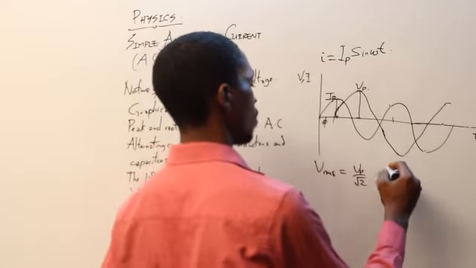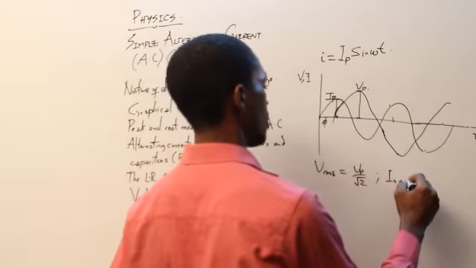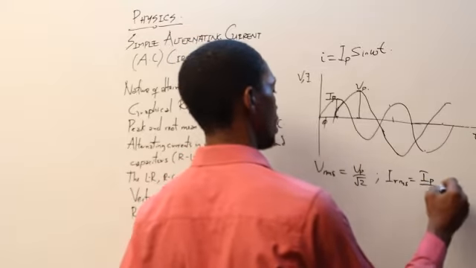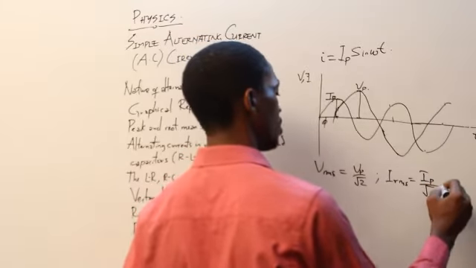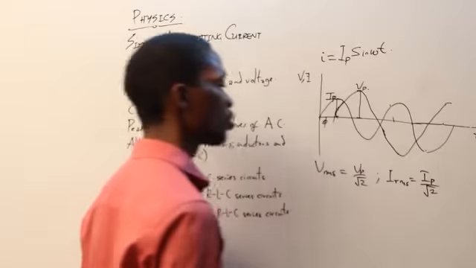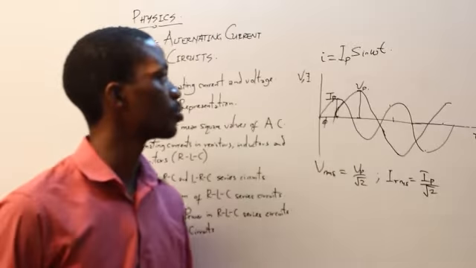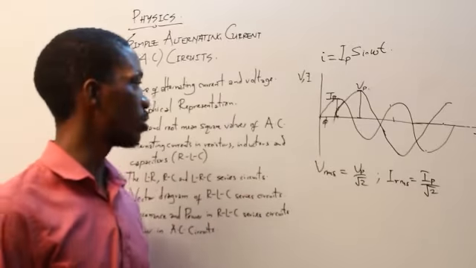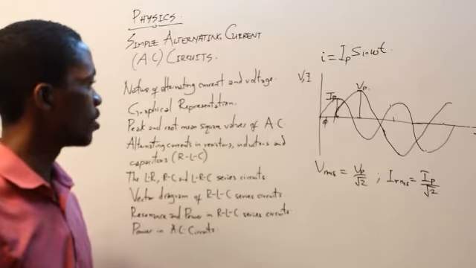Same thing applies for the current: IRMS, that's root mean squared, equals IP, the peak current, divided by the square root of 2. So those are the expressions for calculating both of them.